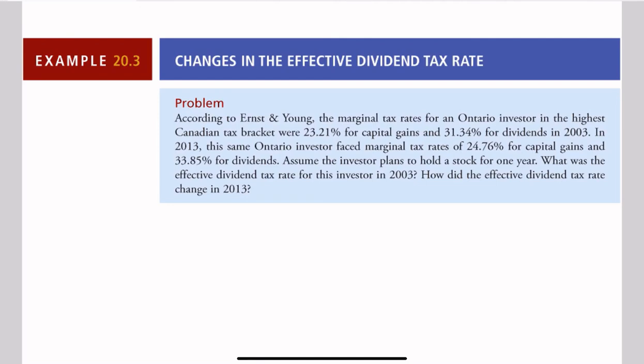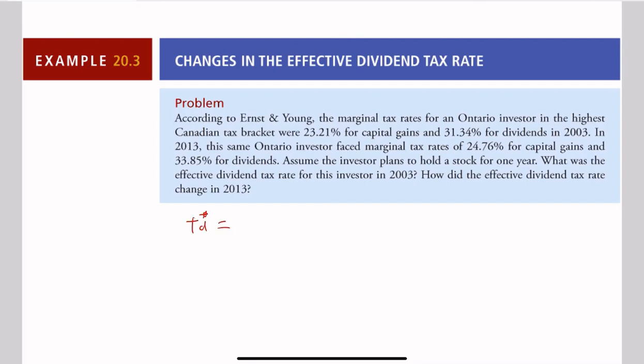In 2013, the same investor would face a marginal tax rate of 24.76% for capital gains and 33.85% for dividends. So what was the effective dividend tax rate for this investor in 2003, and how did the effective dividend tax rate change in 2013?